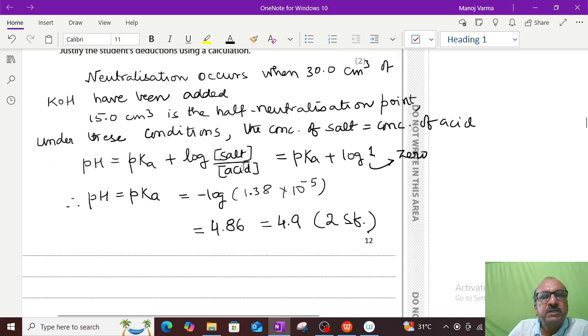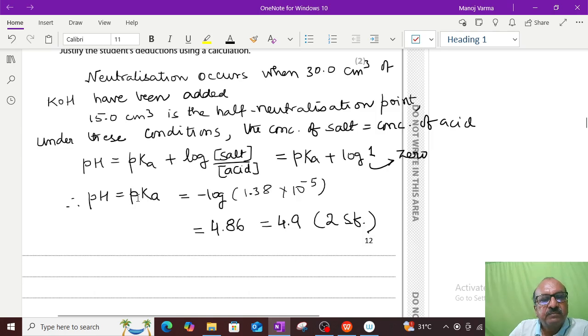And at the half neutralization point, the amount of the acid which is left and the amount of salt which has been formed, their number of moles become exactly equal to one another, and therefore this ratio becomes 1, and log of 1 to the base 10 being 0, the pH becomes equal to pKa. So that is at the half equivalence point.